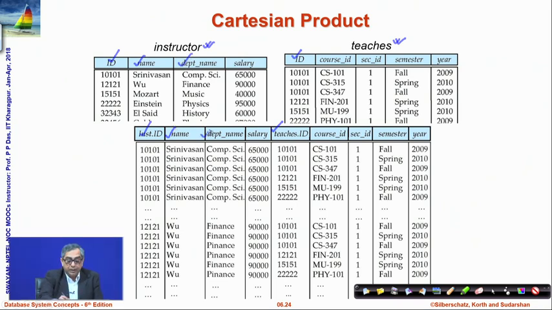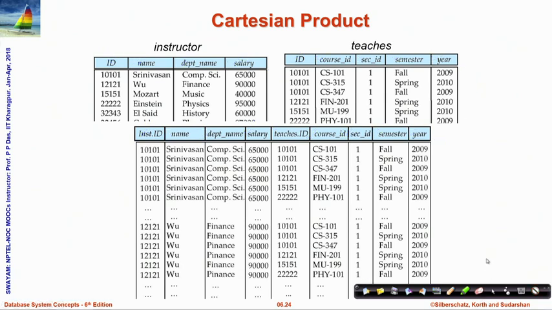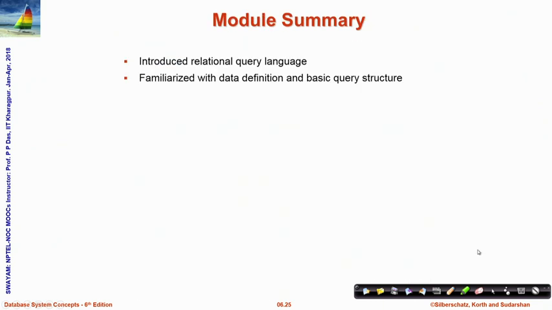The department name comes in directly, salary comes in directly, course ID comes in, section ID comes in, semester comes in, year comes in, and so on. And the combination of all tuples in the instructor relation against all tuples of the teaches relation, all possible combinations, have come in this result, which eventually is the Cartesian product of the relational algebra. So, this is what we have.